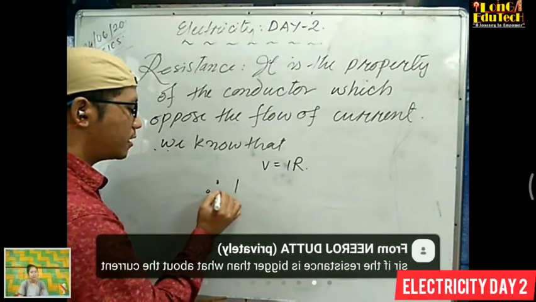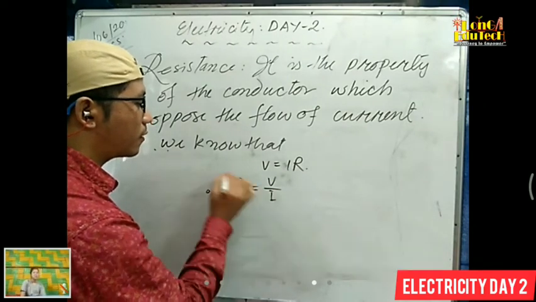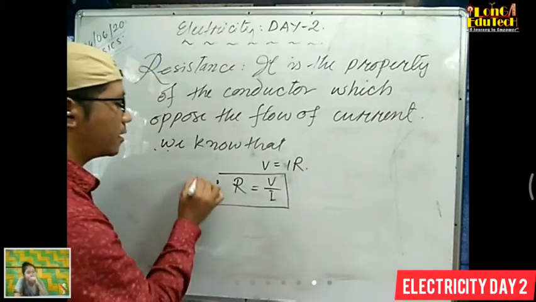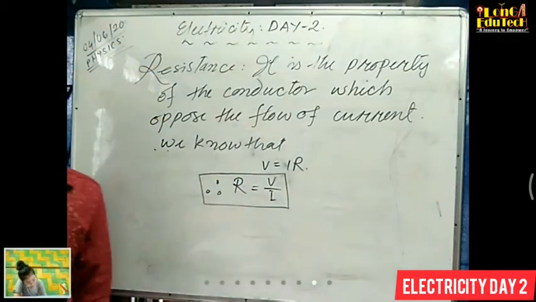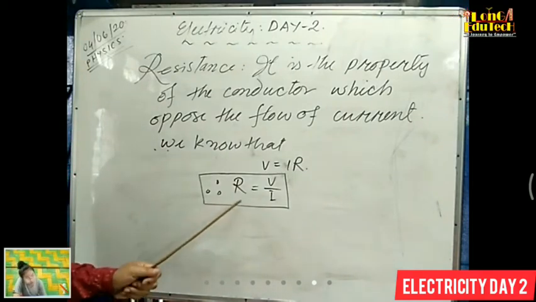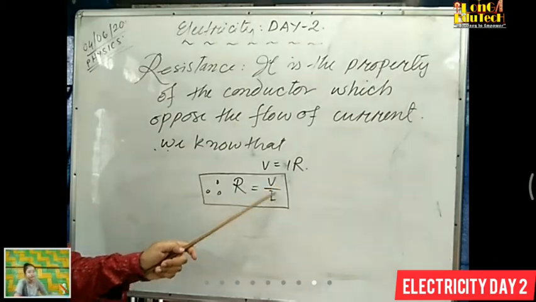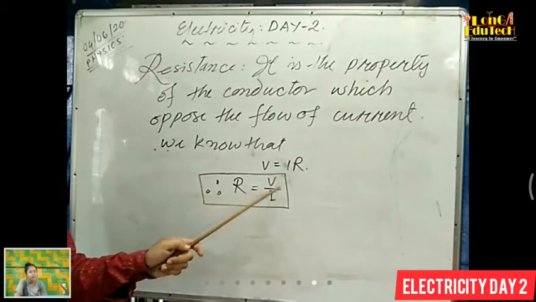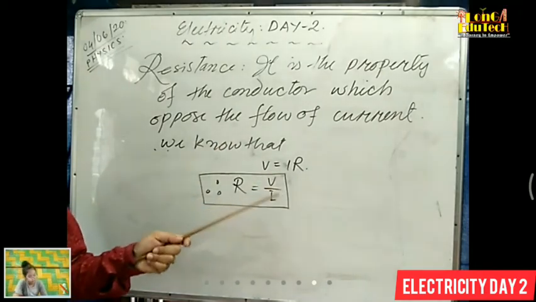Therefore, resistance value will become V by I. So resistance of the conductor R is equal to V by I. So this point we have to know. That is, the resistance का value जो है, potential difference और current का ratio निकालने से मिल जाएगा.